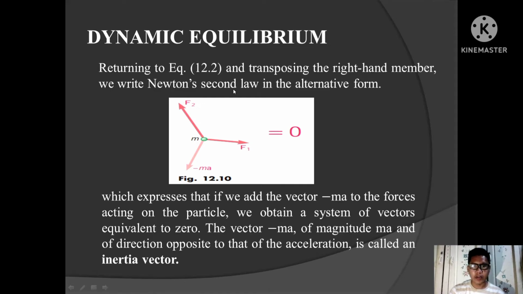Since the mass and the acceleration are constant, the forces acting on that object are constant, and the forces acting on the particles are expressed in the second law of motion. So that's the dynamic equilibrium.